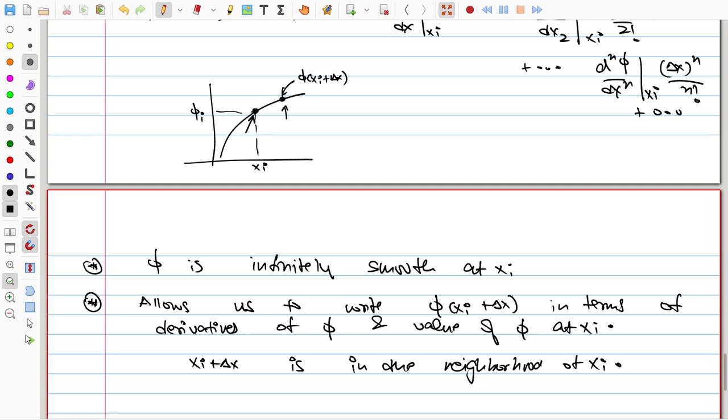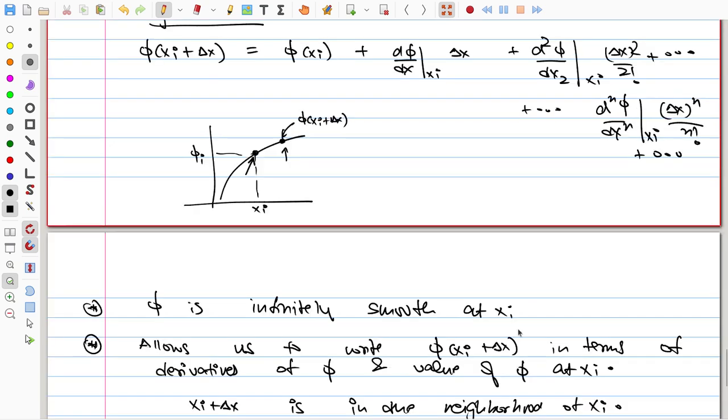Now, I will not define this idea. Okay, either it has been discussed in your mathematics course. It's a very mathematical idea, but again, let's have a hand wavy feel for it. It's nearby. Okay, it's not very far away. If it's nearby, then I can easily find the value of the function at that nearby point xi plus delta x.